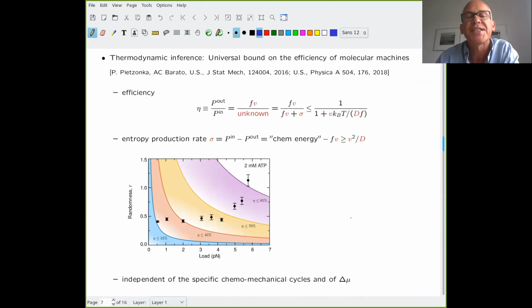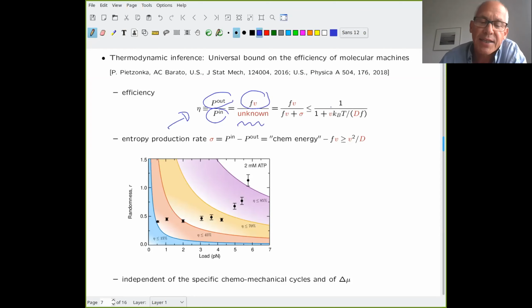So what is efficiency? Efficiency is the ratio between the output and the input. The output for a molecular motor, if it runs against the force, is force times velocity. The input is ATP, but you don't know how much ATP the molecular motor needs, how much it hydrolyzes.